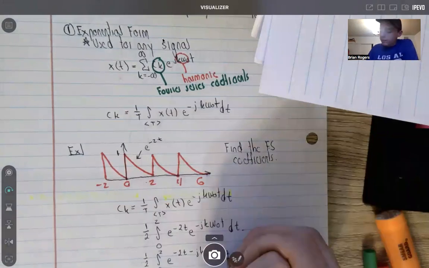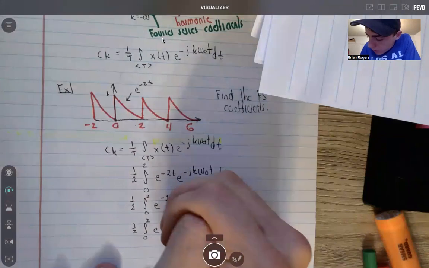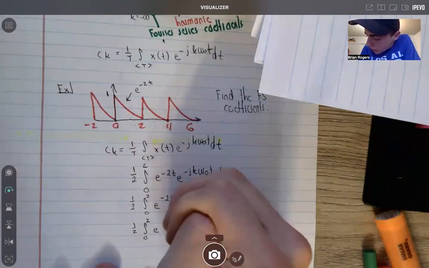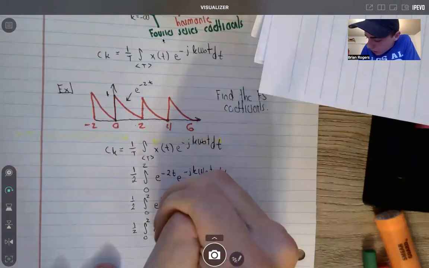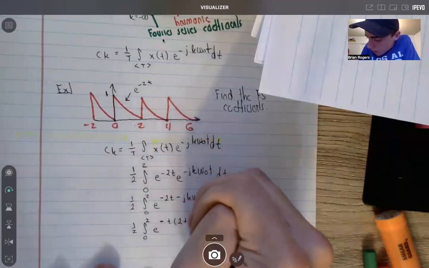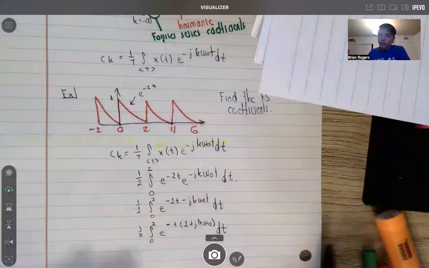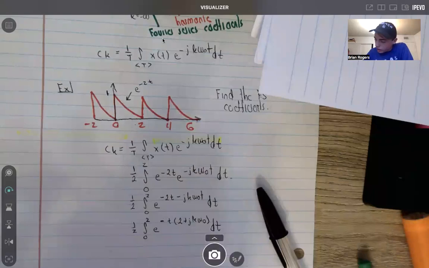So we need to take out a t from both terms. If I do that, I have my negative t times 2 plus j k omega naught, dt. And so this part here is all a constant, right?